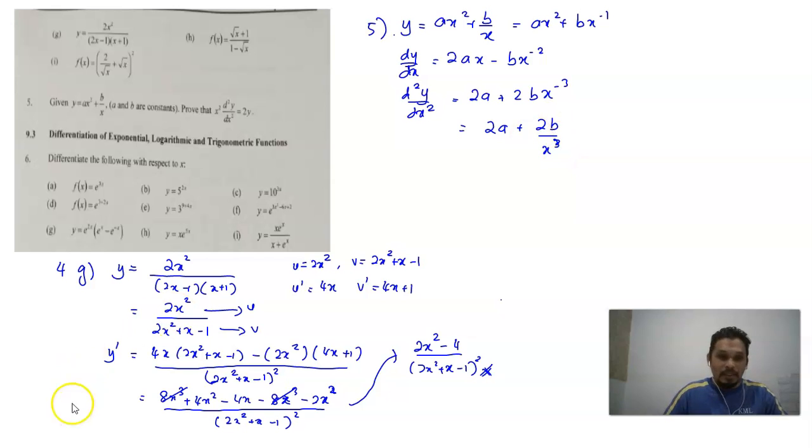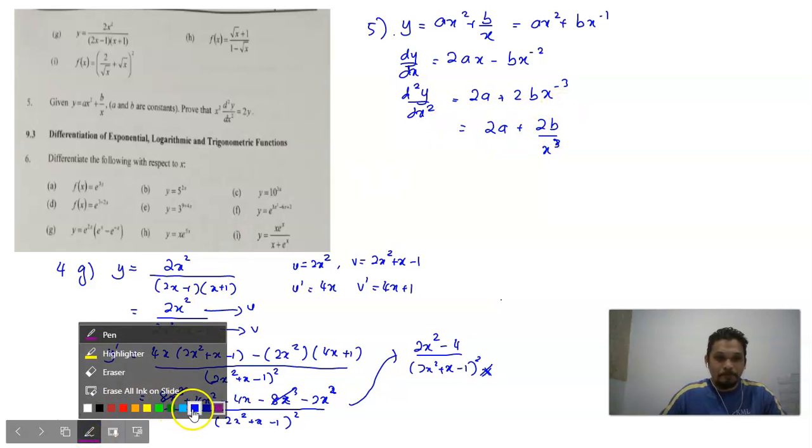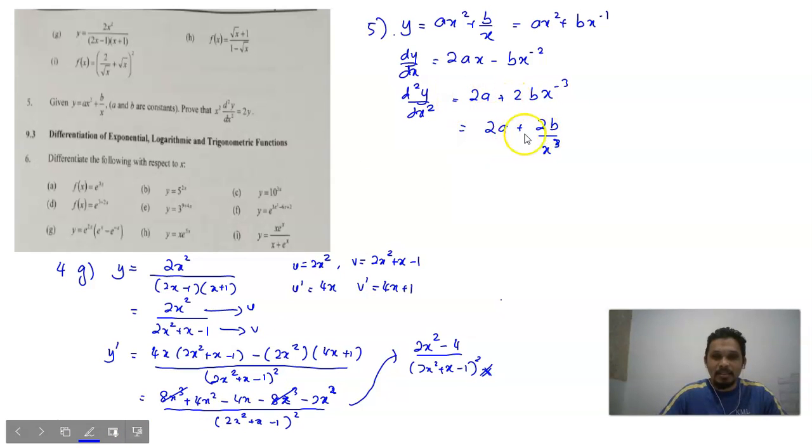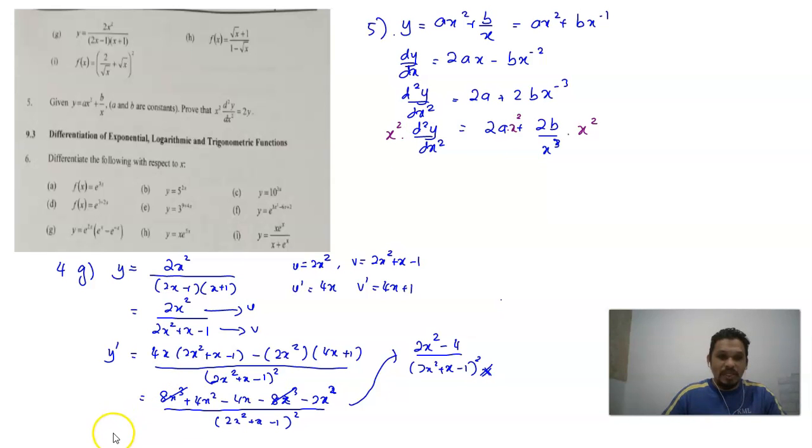Okay, now sometimes we need to think, there might be a few ways of getting the solution for this question. Let's say this term equals the second derivative of y with respect to x. Now if I multiply by x squared on both sides, what's going to happen?